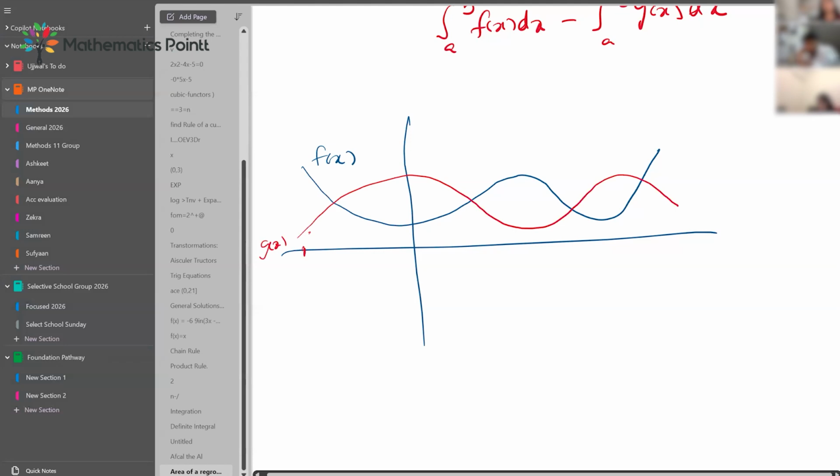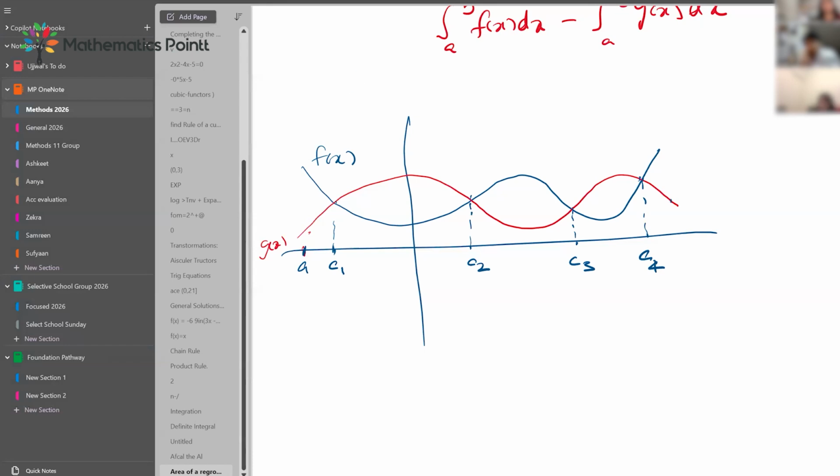I need the points A, then C1, C2, C3, maybe C4, and let's say another point here, B. So I need to calculate the area which is all of that. That's the goal.